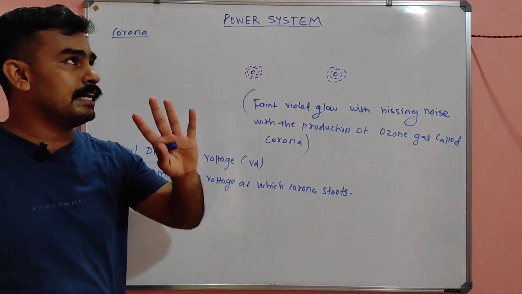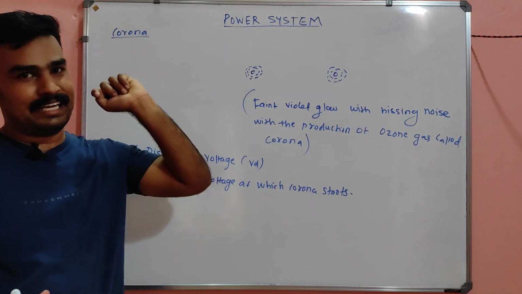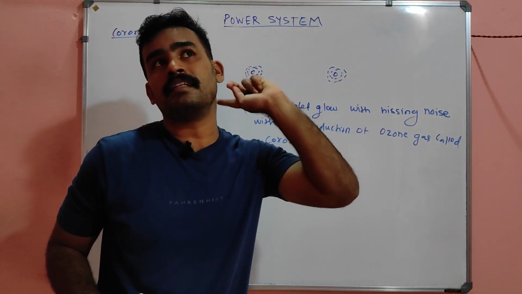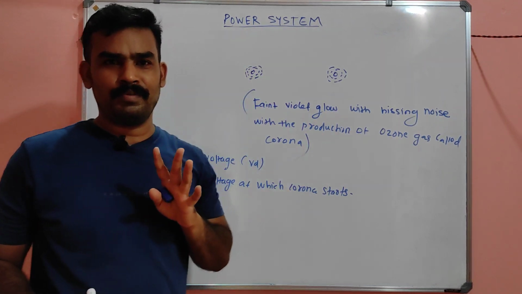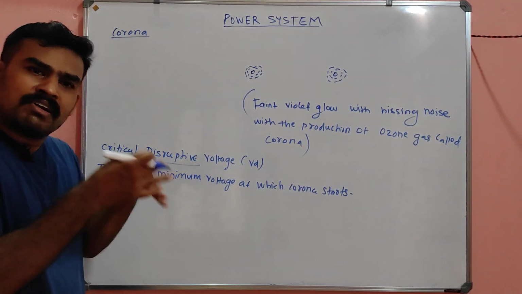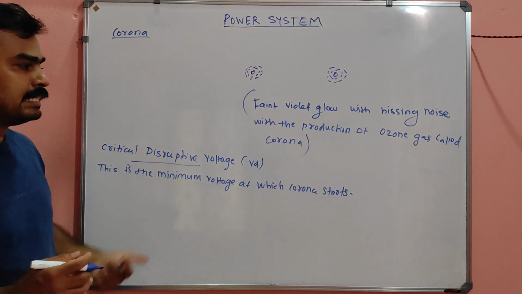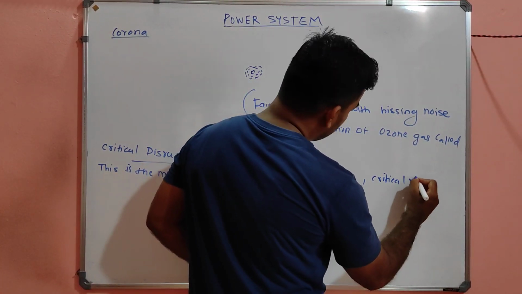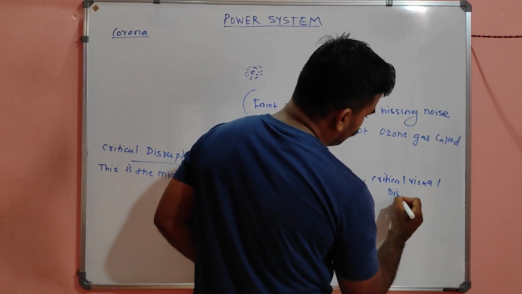It is not necessary that we can see it with our naked eyes, or hear the noise loudly. No. It is the voltage at which the corona started. But there is another voltage, my dear, the critical visual disruptive voltage.